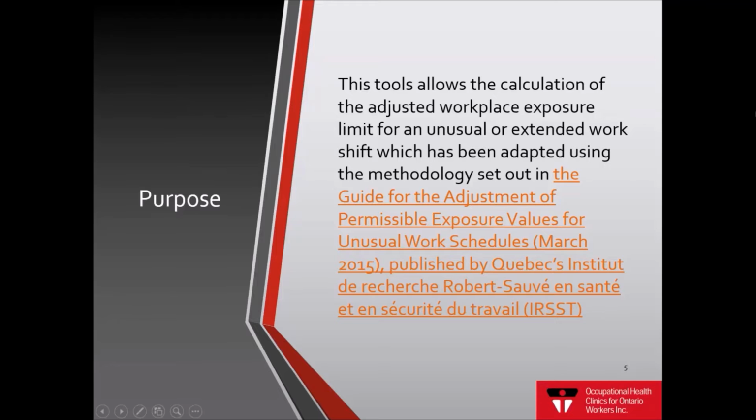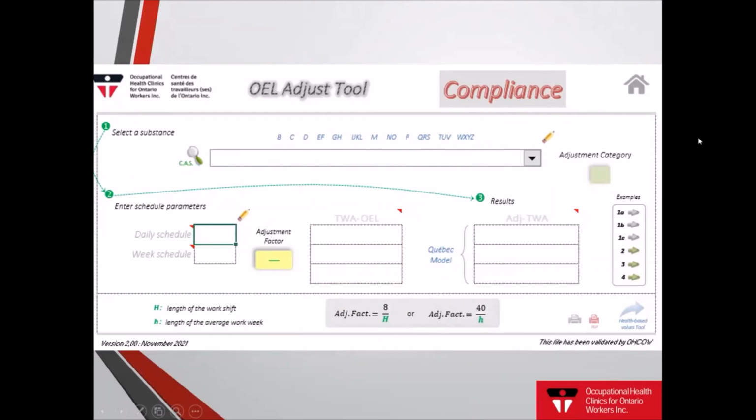So for the purpose in Ontario, we compiled 773 chemicals listed in the Ontario Regulation 833, Table 1, which is the Ontario Table of Occupational Exposure Limits, and assigned the adjustment category based on the Quebec model, following the adjustment code rule.